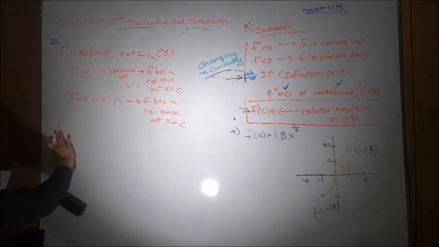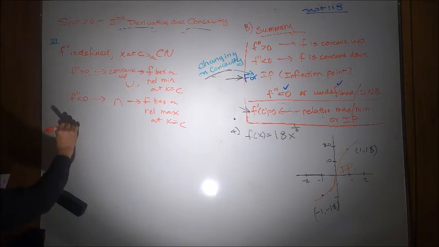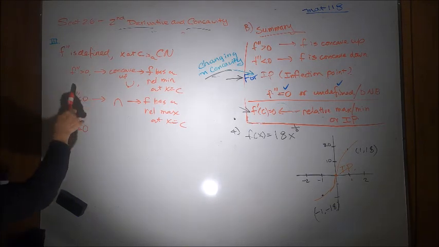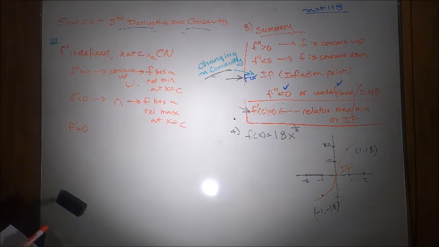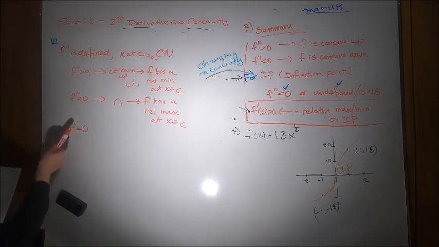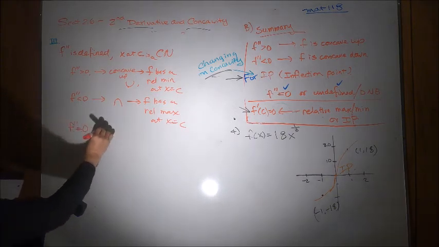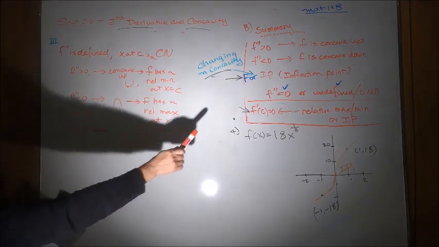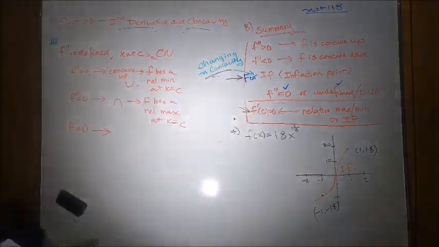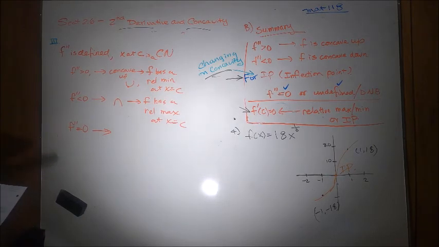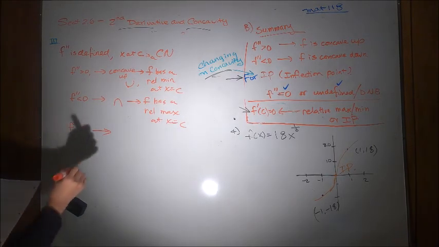Okay? So when f prime prime is greater than 0 or less than 0, it's relatively straightforward. But when f prime prime is 0, the situation gets tricky, okay?